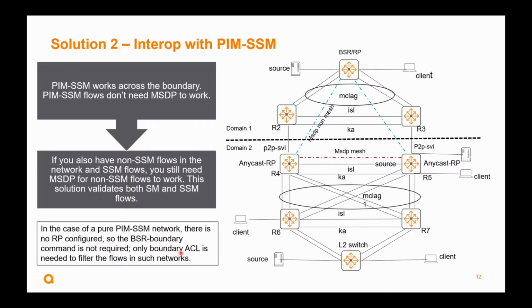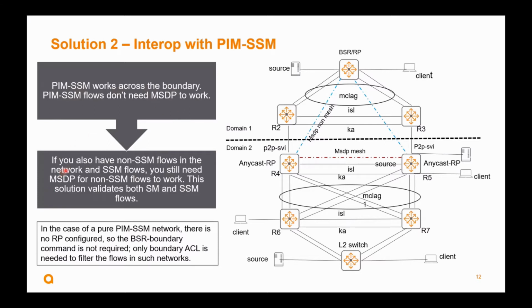We would only need the boundary ACL to filter which sources of multicast we want to make available to the other group. PIM works across the boundary, no problem, PIM source-specific multicast, and you don't need MSDP if it was pure.